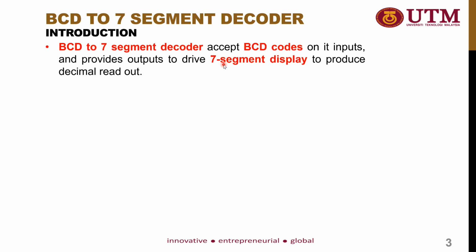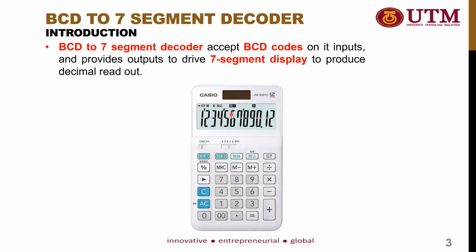So what is actually a 7 segment display? A 7 segment display is a type of display which is usually used in your calculator or in other types of applications. In this example, I show you how it is used inside a calculator. In the calculator, each digit is displayed as a 7 segment display.